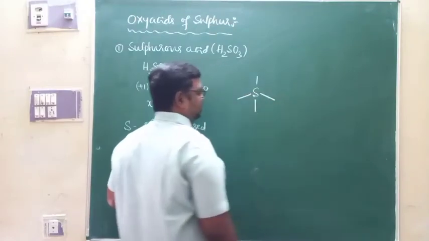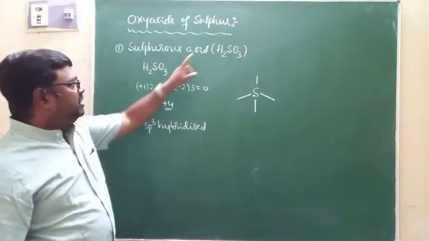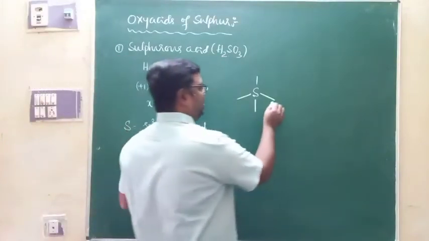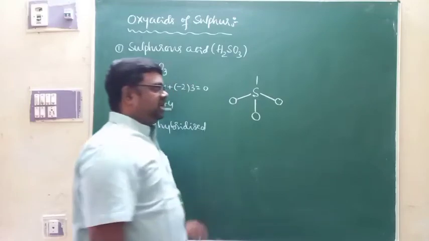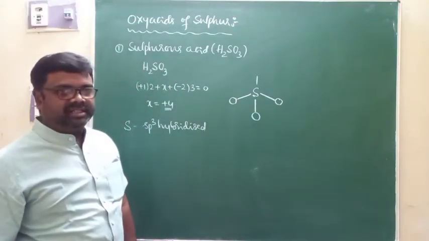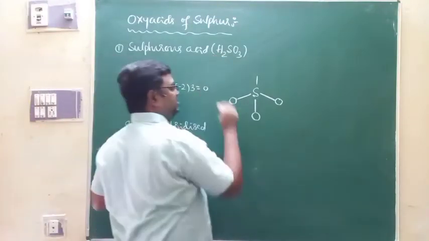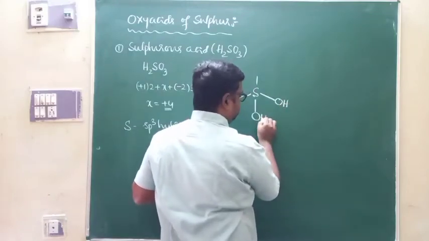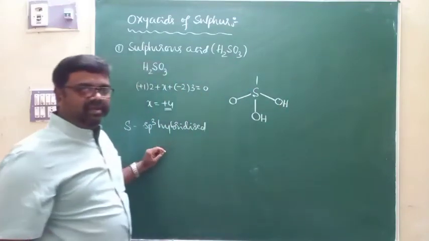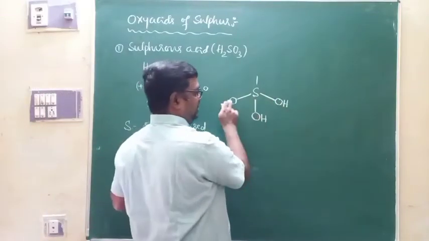We have 3 oxygen atoms attached to sulfur like this. 2 hydrogen atoms are there. One hydrogen is attached to one oxygen, another hydrogen is attached to another oxygen like this. So this is H2SO3.